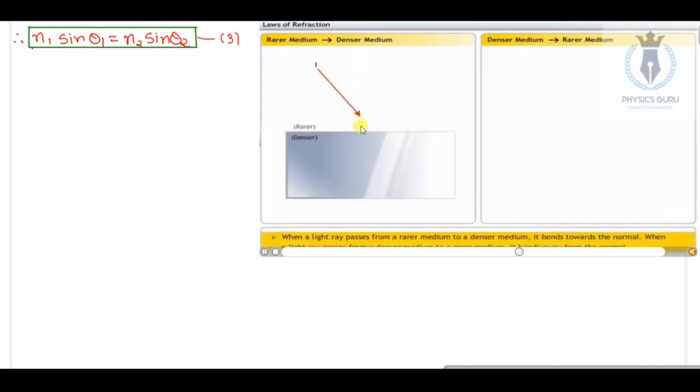Here light enters from an optically rarer medium to an optically denser medium. From this it is clear, when light enters from an optically rarer medium to a denser medium, it bends towards the normal. This is the actual path of the light ray, but in the denser medium it moves in this direction.